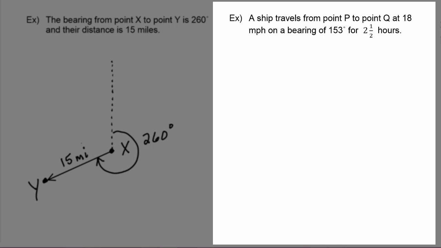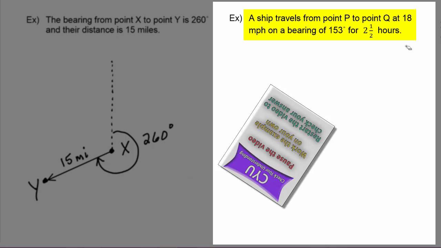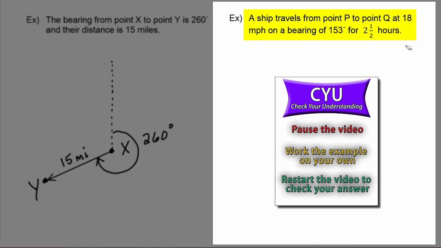In the next example, we have to make a sketch where a ship travels from point P to point Q at 18 miles per hour on a bearing of 153 degrees for 2.5 hours. So go ahead, pause the video, try this one on your own, and then restart the video when you're ready to check your answer.